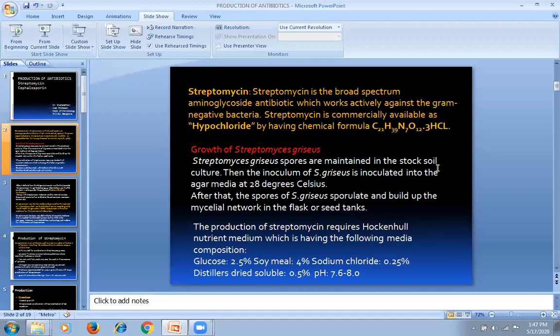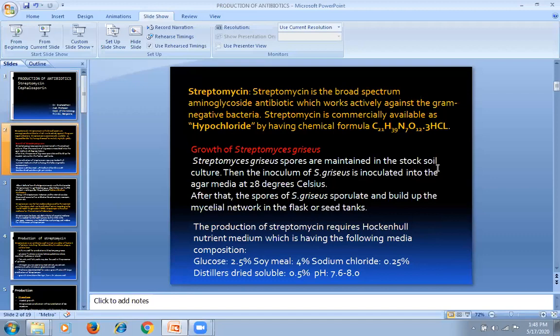As in the previous classes I told, for any production, the microorganism is very, very important. Once you select the best strain of a particular product, most of your problem is solved. Then you need to take care of the conditions that are best for its growth and multiplication, and the product recovery.